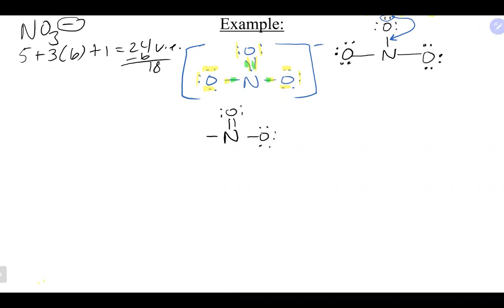Now, in this particular case, we had 3 equivalent oxygens, which meant that you really could have done the same thing to any of the oxygens. So for example, you could have double bonded to the right instead, and you would have ended up with something that looks like this.